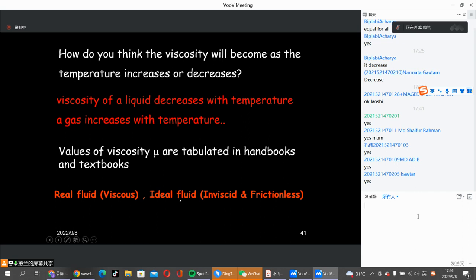However, if we don't account for viscosity, the fluid is inviscid or frictionless, and there will be no no-slip condition. We call it the slip boundary condition. It's very important: we still have the tangential velocity for the fluid in contact with the solid boundary.